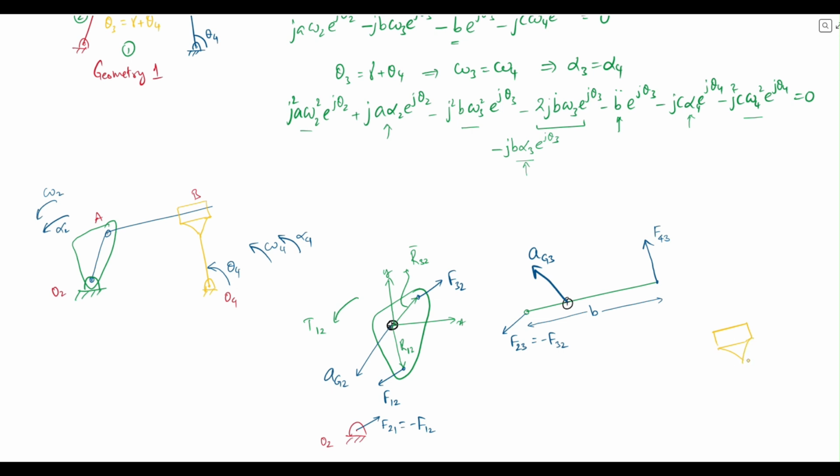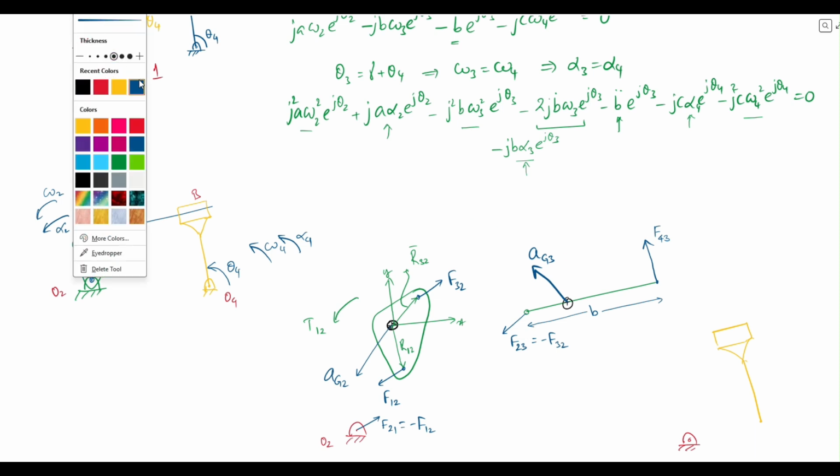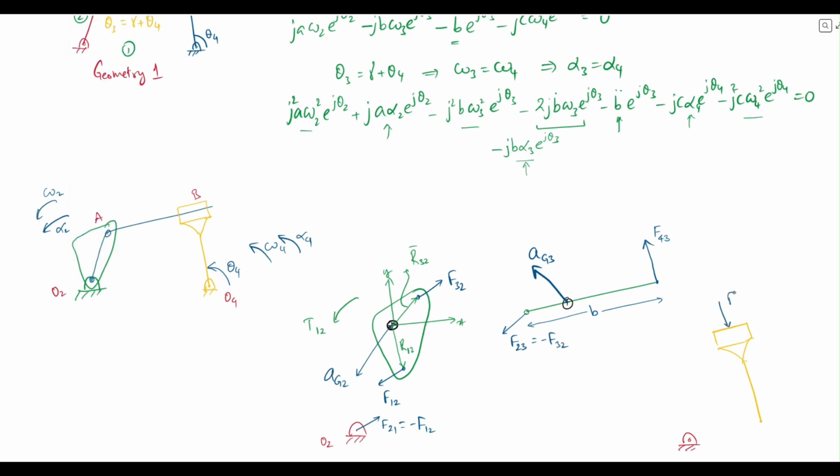Let's draw this way. Then I'll have a force here, which is in this direction. This is F3 on 4, which is equal to minus F4 on 3.